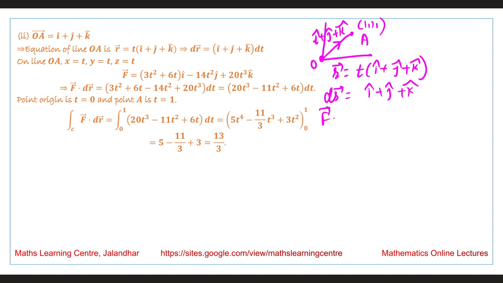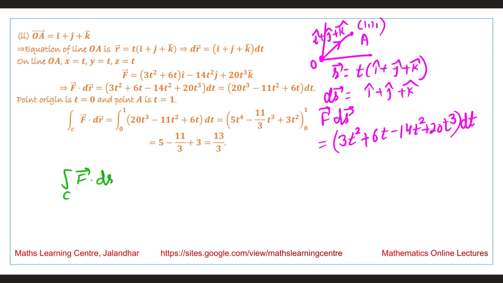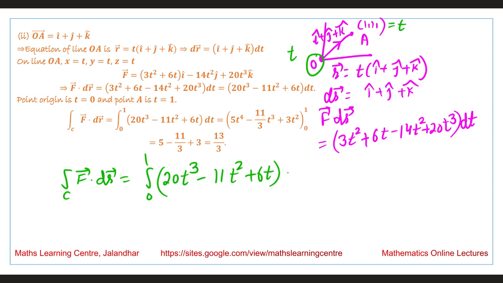Now f vector dot dr vector, the value we have is 3t^2 minus 6t plus 6t minus 14t^2 plus 20t^3 times dt. Now when we calculate the integral over C of f vector dot dr vector, we obtain the integral from 0 to 1, where t is varying from 0 to 1, of 20t^3 minus 11t^2 plus 6t dt.